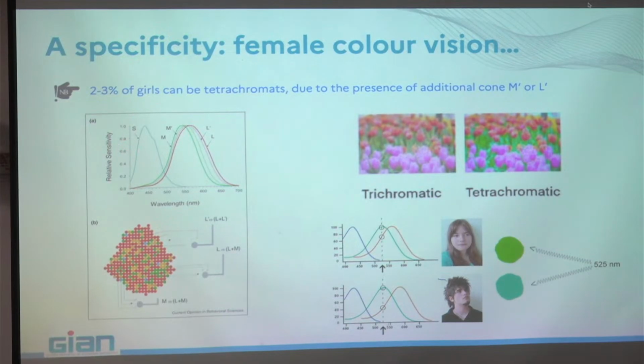That means if they have a second cone nearby the maximum of the eye response, they can see the color better than us. And you see this assimilation between a trichromatic view and a quadrichromatic view. Okay? Ladies can see color best.